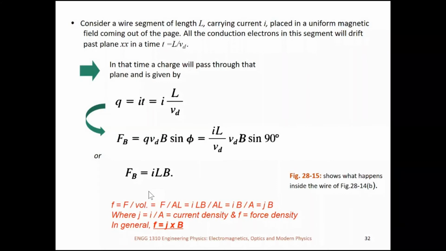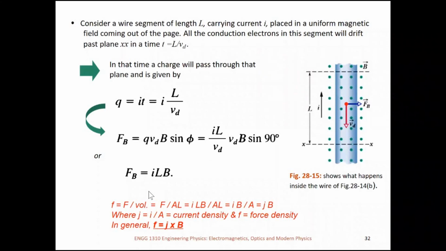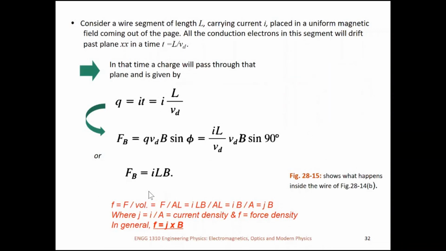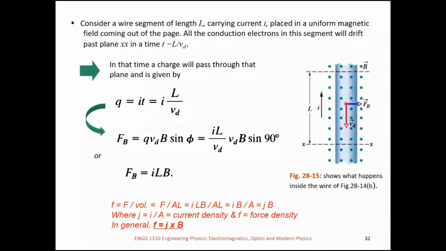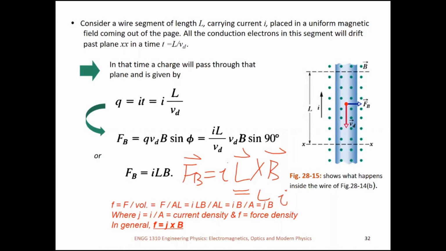There are two ways of writing the vector form: IL cross product with B, or equals LI cross product with B. That would be the vector form for this equation.